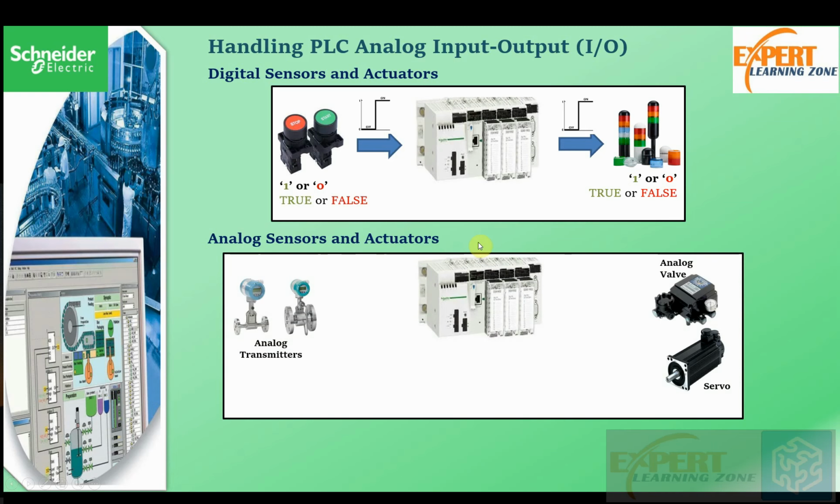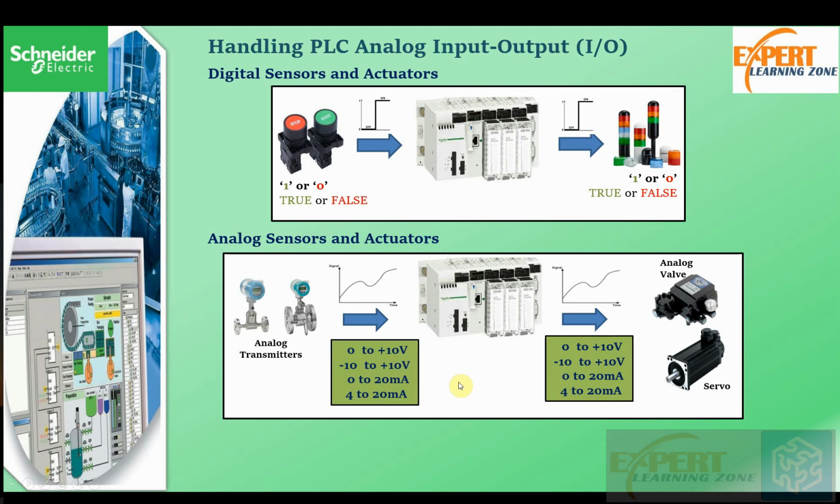Now coming to analog sensors and actuators, on the other hand, they can also send information from the real world to the PLC, and the PLC performs some calculations and gives it out to the real world through analog actuators. Basically, unlike digital sensors and actuators, analog sensors and actuators can process values in a continuous domain of time. That is, they can have an infinite range of values, unlike digital sensors that have just discrete states of values, 0 or 1.